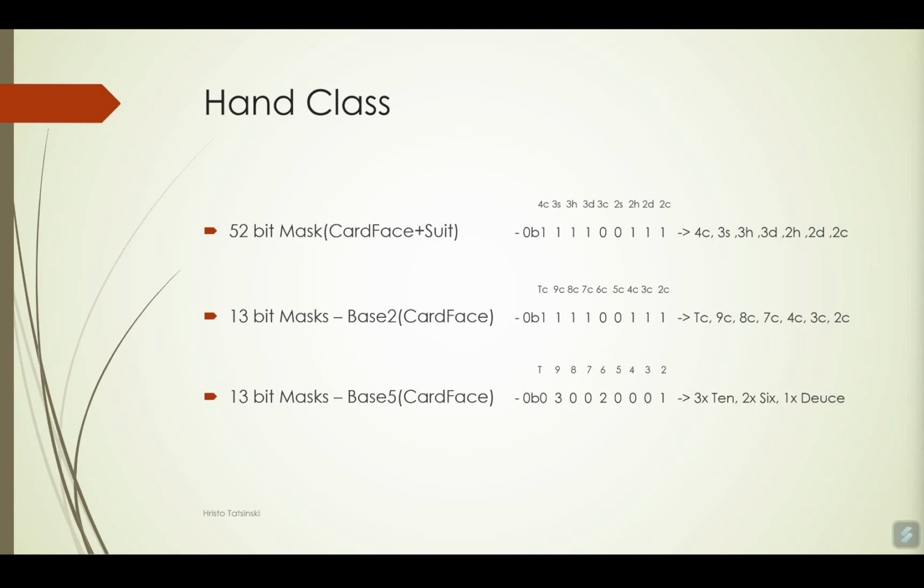Additionally, there is a 13-bit base-5 mask used to count the times any card face appears in the hand. It's used to calculate pairs, sets, etc.